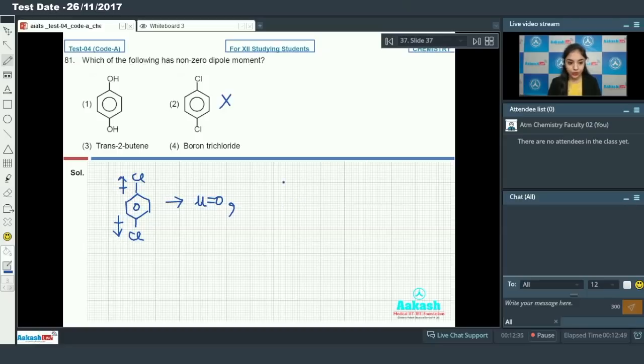Now we have trans-2-butene. We can draw the structure like this. In this case also the dipole moments cancel each other out, so we have mu equal to 0.